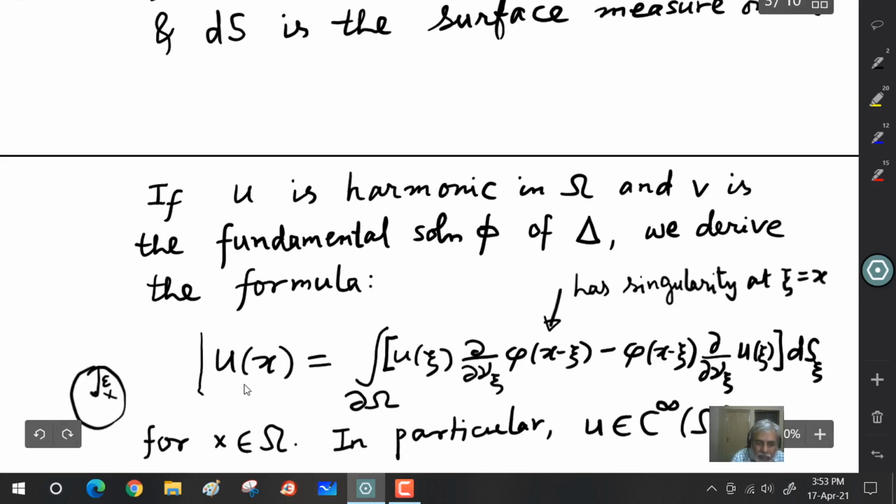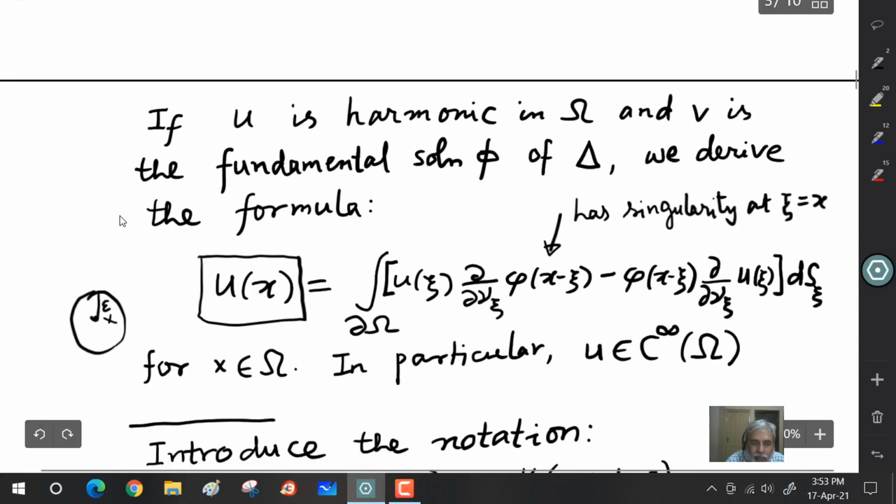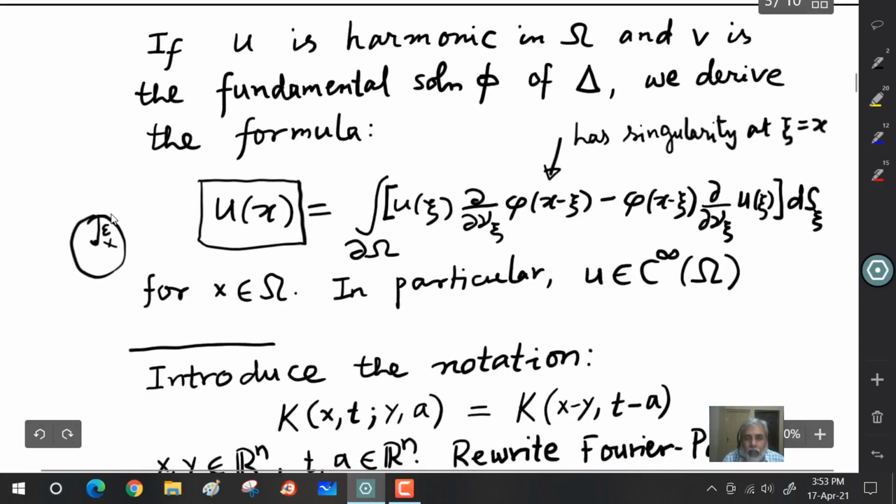Okay, so this we have done in detail in the first part of the course, and you can recall that. So we have a formula for the harmonic function in omega, u of x equal to this integral of u and its normal derivative. So this is purely a boundary integral.